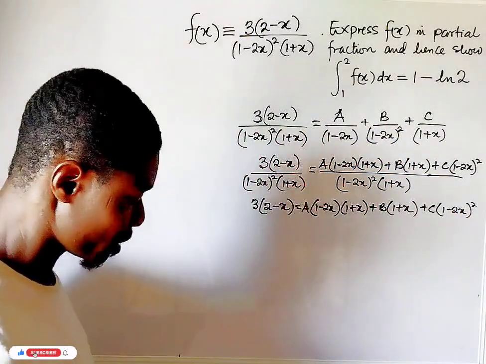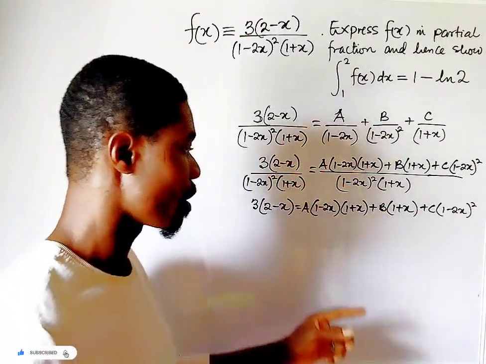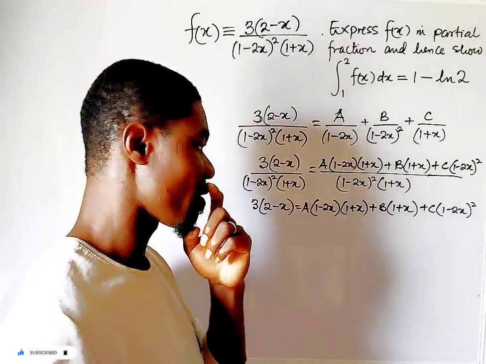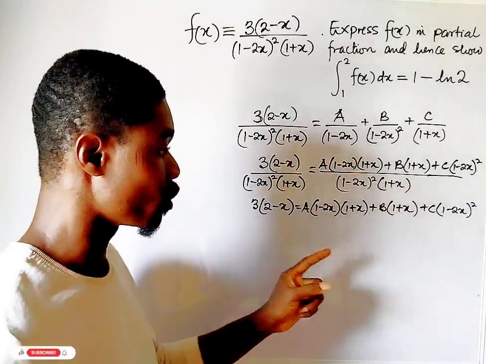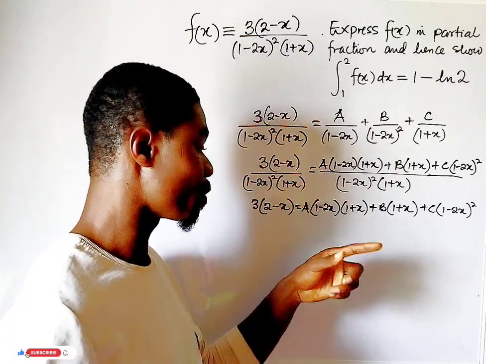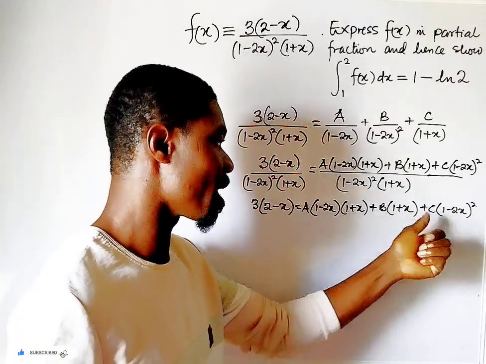Okay, now let us take each of these factors and equate them to 0, so I will get the value of x for each factor. Then we substitute that value into the equation to find the values of a, b, and c.